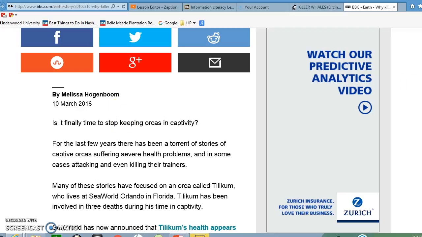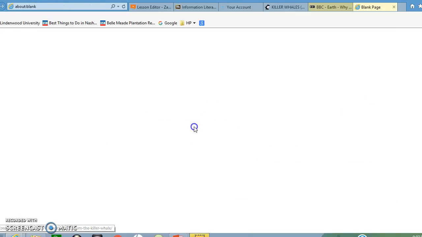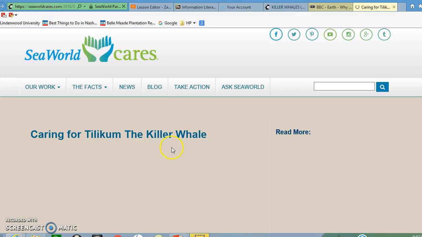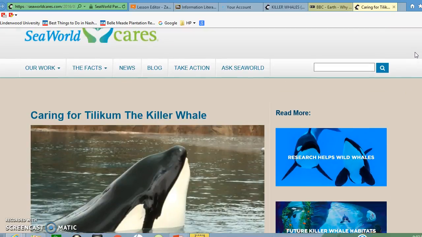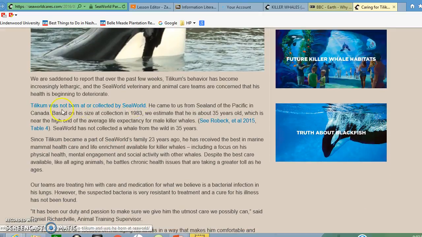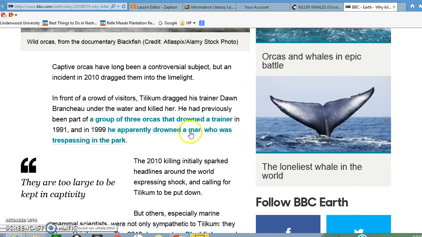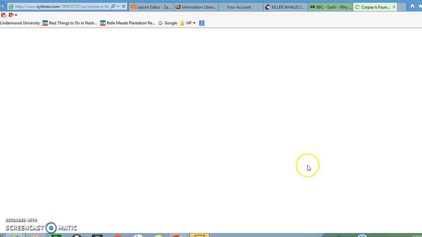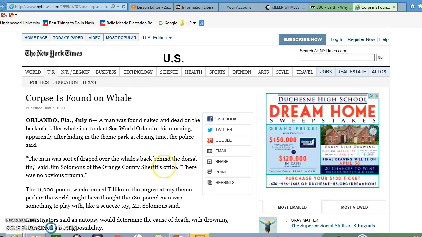And I wanted to show that in here, even though it's not talking about stuff that we're researching, it does have other links that back up its information. It does link us to SeaWorld, which we were just at, but to show that the information was in fact true, it does have several links. So it has that one, and then it has this one about one of the other people. So New York Times.